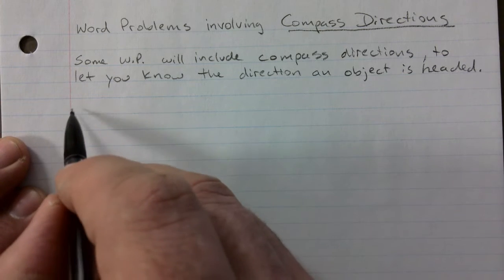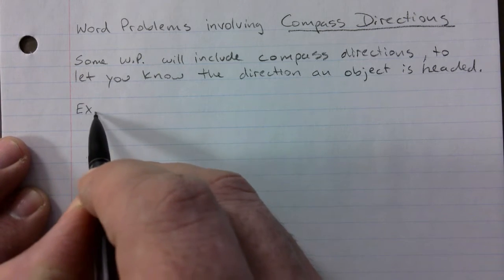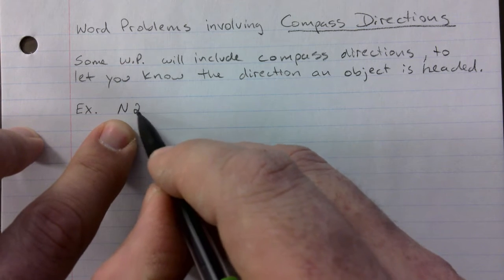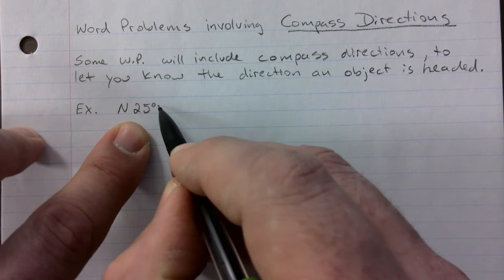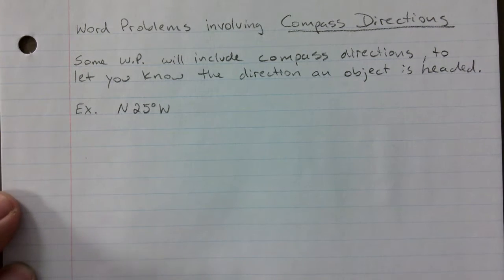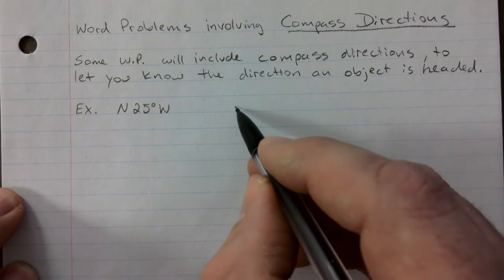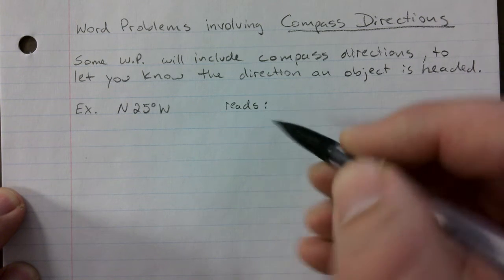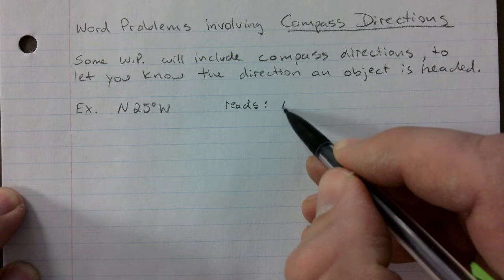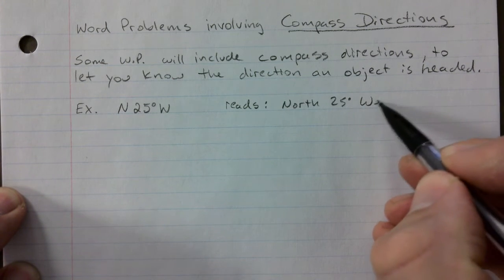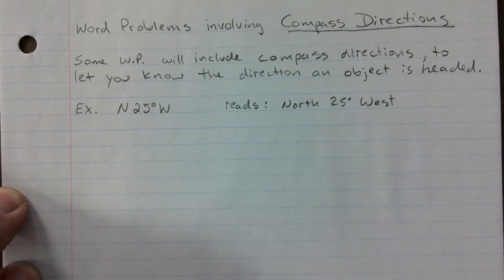So let's go through some examples here. So north 25 degrees west. What this reads is, if you wanted to read this, you would say north 25 degrees west. It's nothing new there.